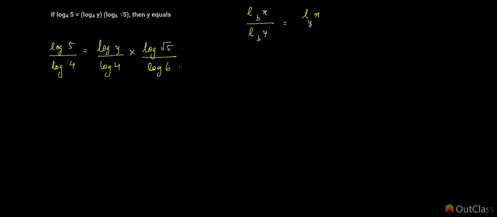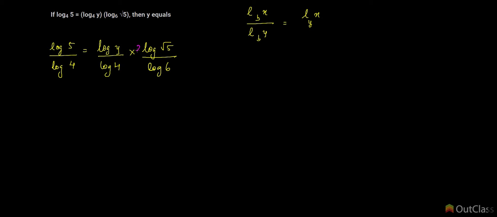So on the LHS we have log 5 by log 4 to some base. It just has to be the same base. On the RHS you have log y to the base log 4 into log root 5 to the base log 6.